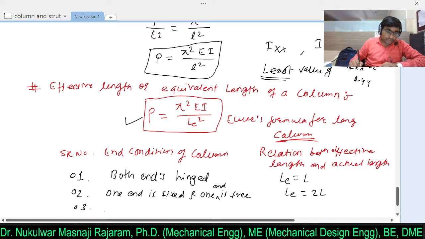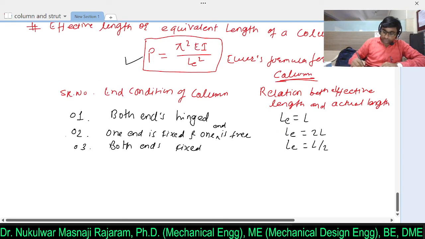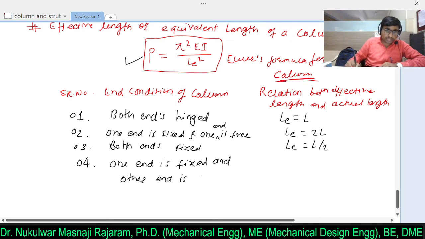So likewise there is a third condition, that is both ends fixed, at that time LE will be equal to L by 2. The fourth and last condition is one end fixed and the other end hinged.